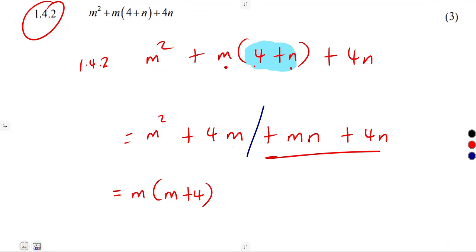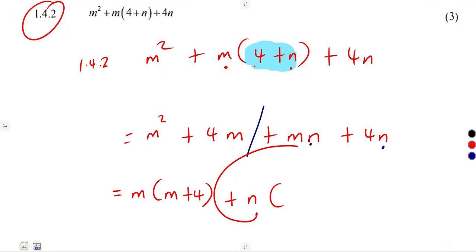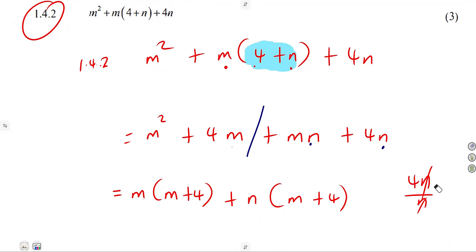Then for the remaining 2 terms, we can see that n is common, so we can factor out positive n, so that we have got the same bracket as the one that we are given in the first place. So mn divided by n, that is going to give us what? m. 4n divided by n, that is going to give us positive 4 there, as we have got 4n over n. This is going to cancel, and we've got what?